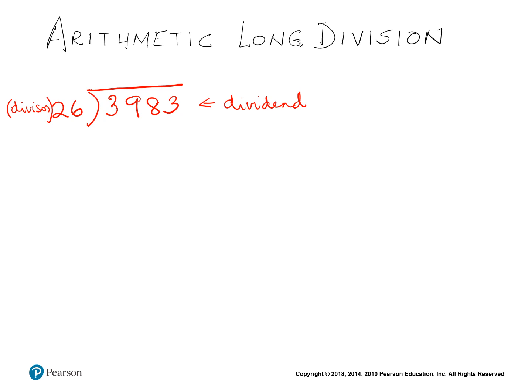So what are the steps? How do we go about performing this long division? We first separate the digits of the dividend and tackle them piece by piece. We see what is the smallest value in 3983 that 26 goes into.